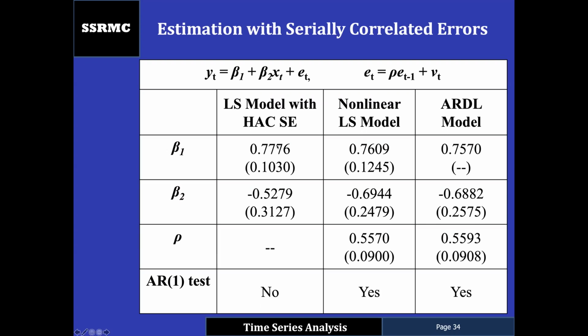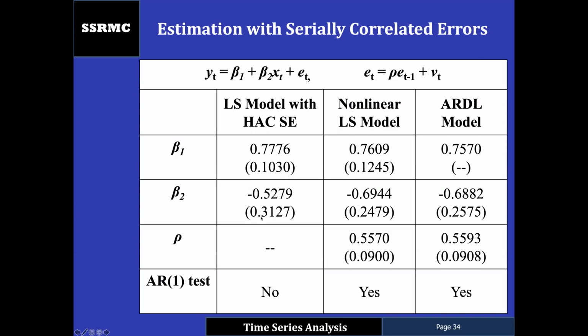So the coefficient estimates, this 0.7776 and negative 0.5279, are the same as the OLS estimation, but the standard errors in brackets are different. So those are HAC standard errors.